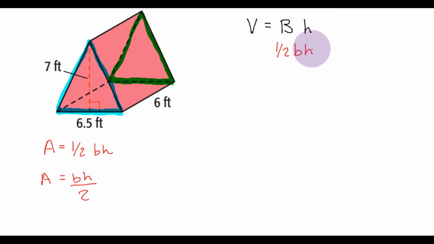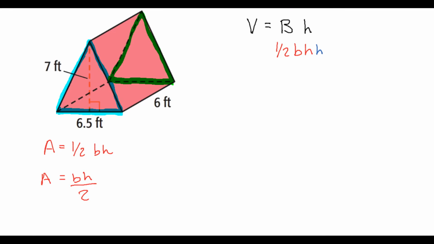This little h represents the height of the triangle here. The h above that's in black represents the height of the 3D figure. So be careful when you're substituting values in for this first little h and values in for the second little h. In fact, when I write this second h below, I'm just going to change color so we know there's a difference. So the height of the triangle multiplied by the height of the 3D object.